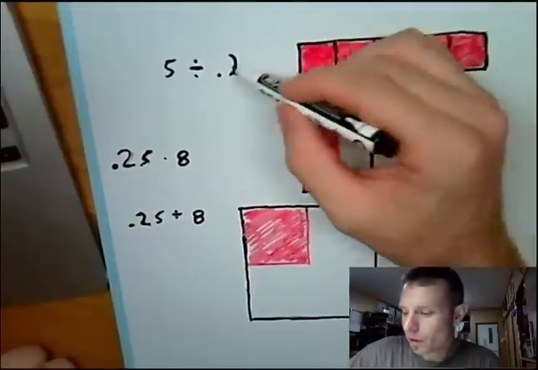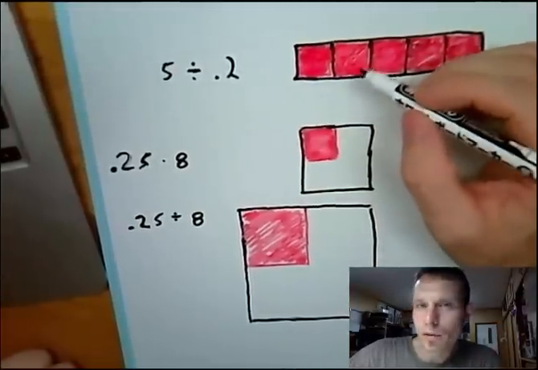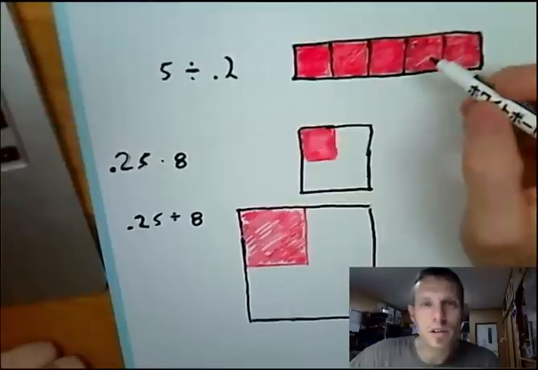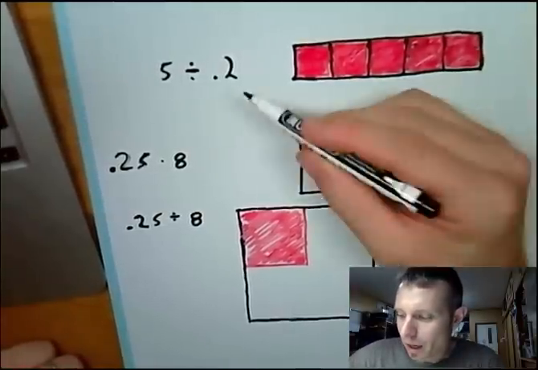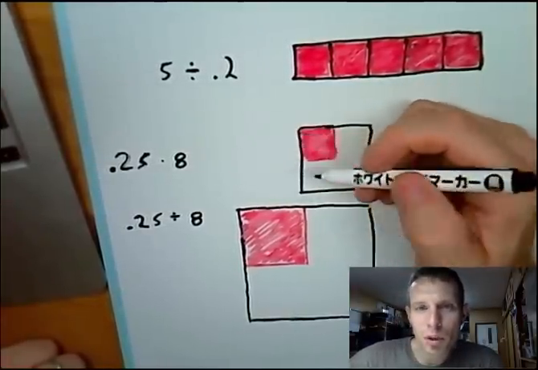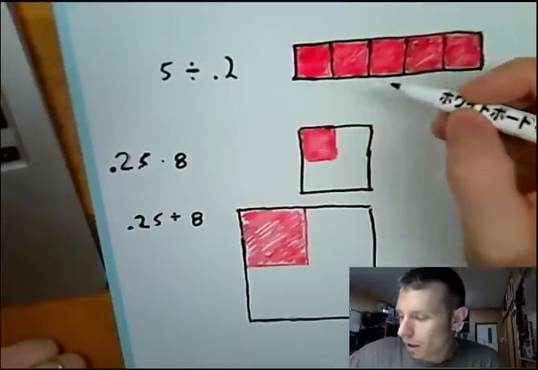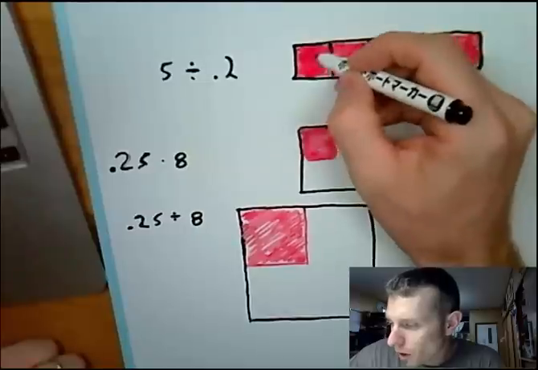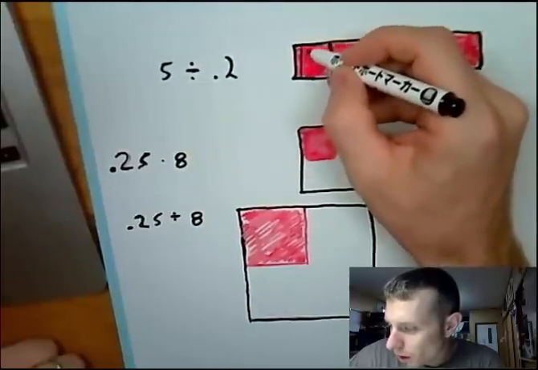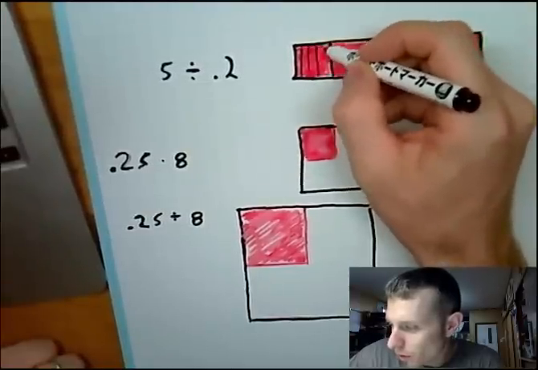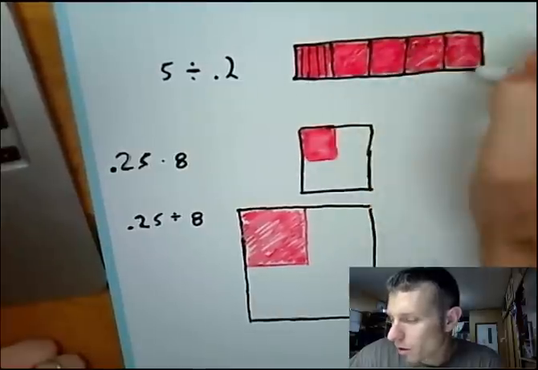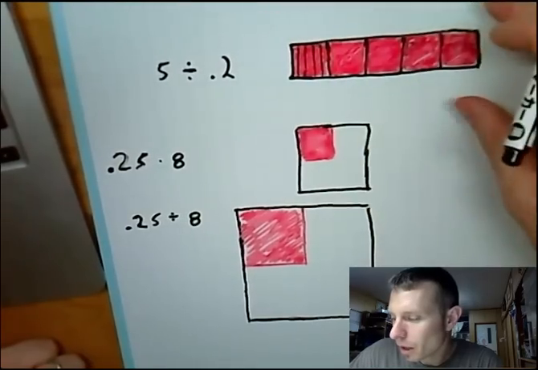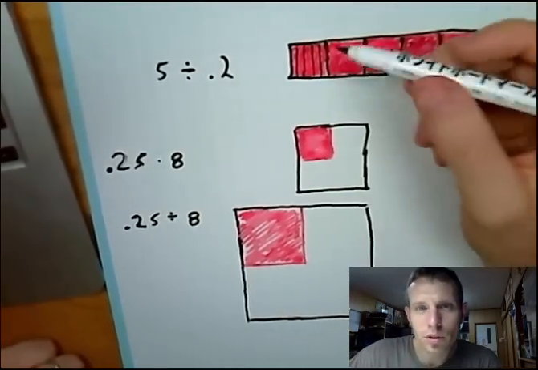We have 5 divided by a decimal now. 5 divided by 0.2 instead of times. So we have again the 5 single units here, 5 whole units, and we're dividing that by 0.2. So we're going to take this and divide each one of these units into 0.2s: here's a 0.2, and here's a 0.2, and here's a 0.2, and here's a 0.2. And so we're taking these 5 one-units and dividing them up into 0.2 unit sections.